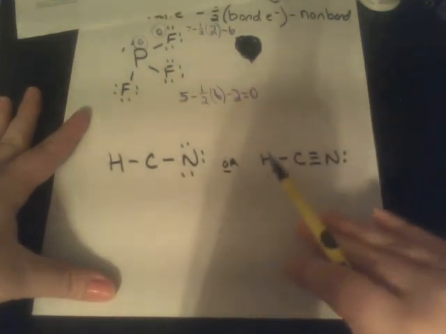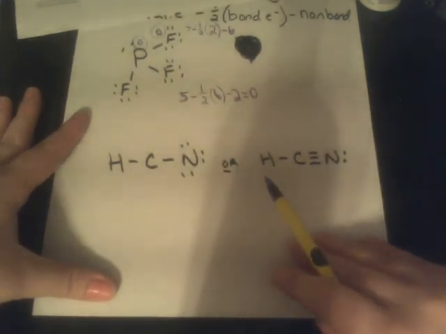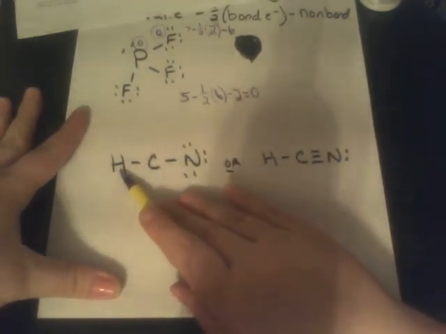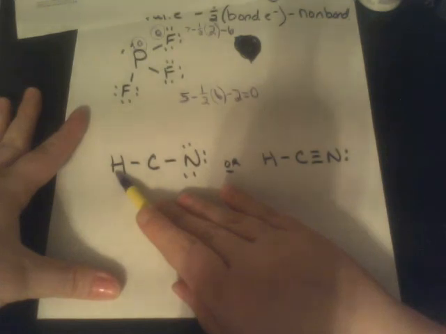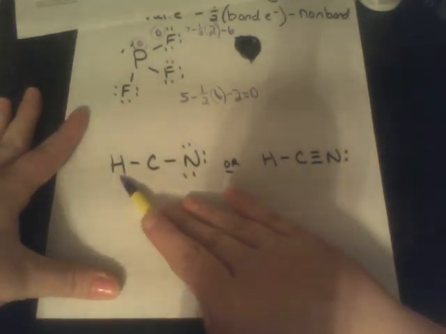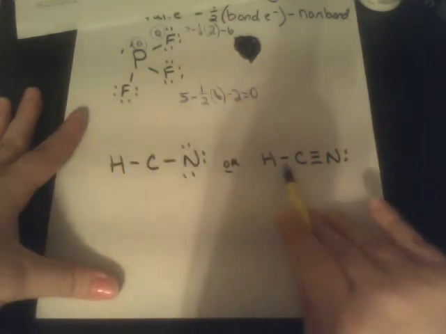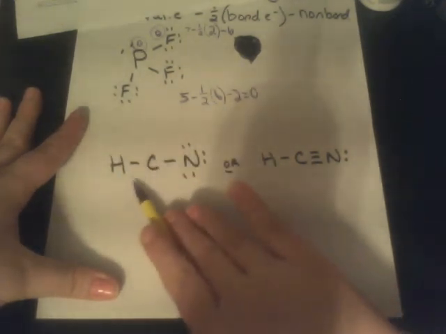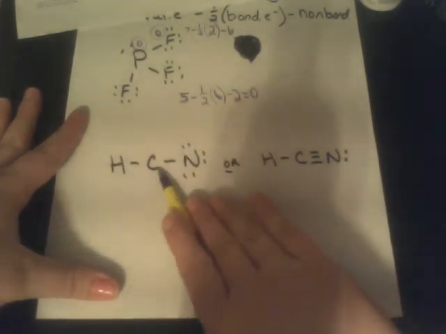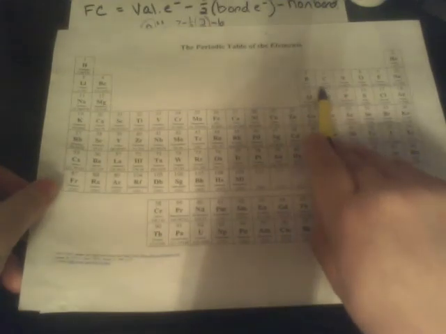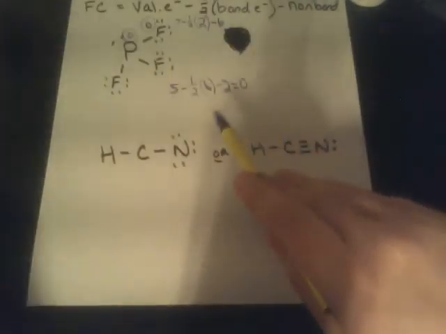Well, actually, this is that 5th step I was talking about. We have to double check that our formal charges are happy. So the formal charge on H is going to be 0 because 1 minus 1/2 of a bond minus 0. So H is the same in both cases. But let's check out what the deal is with carbon in these cases. Carbon has 4 valence electrons.